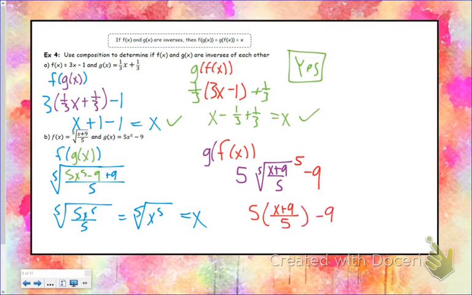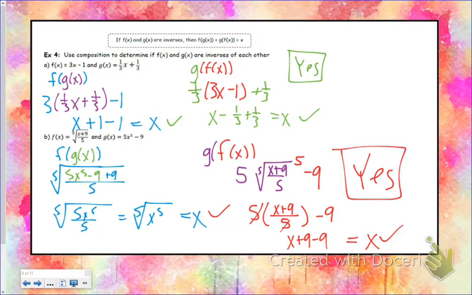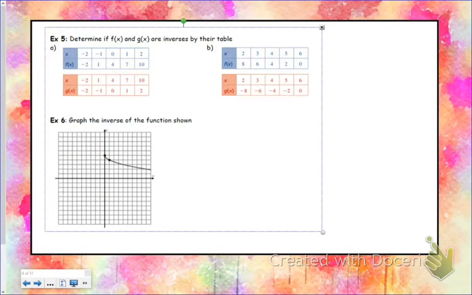Okay, 5 times something over 5, those 5's cancel out. So I'm left with x plus 9 minus 9, which is x. I get x on both sides. So yes, these are inverses. Now, it won't always work out that way, but in these two examples, it did. Okay, so again, do composition both ways, f of g of x and g of f of x. And if they both end up as x, then those functions are inverses.